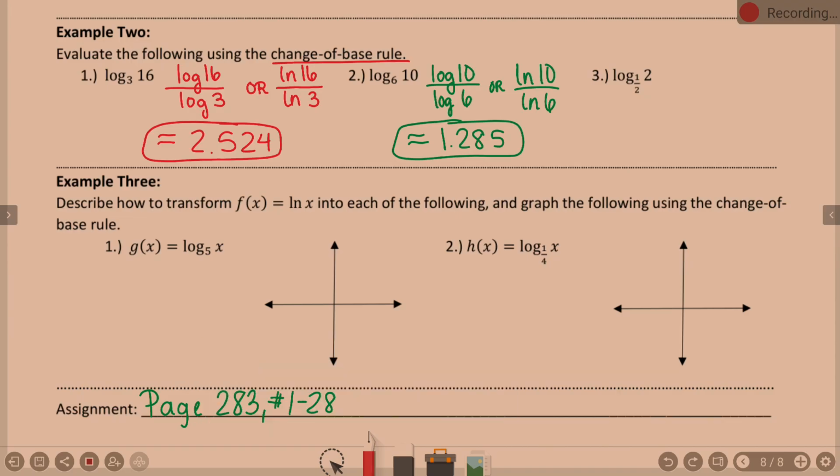Okay. 3. Log base negative 1/2 of 2. What are we doing here? Log or natural log of 2 divided by 1/2. I'm lazy, I'm just going to say 0.5.